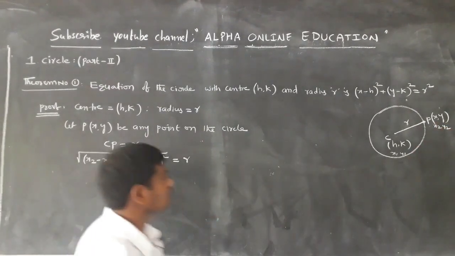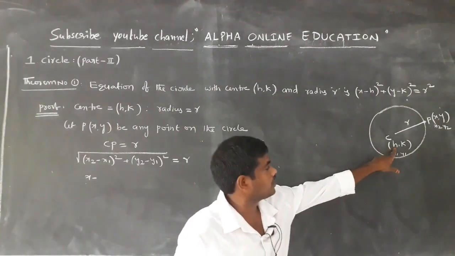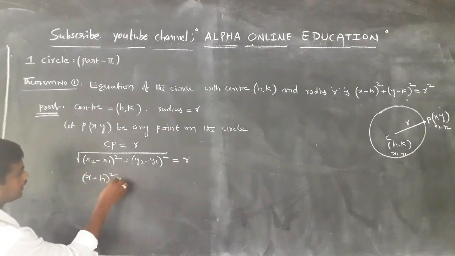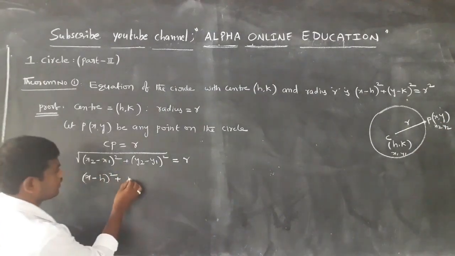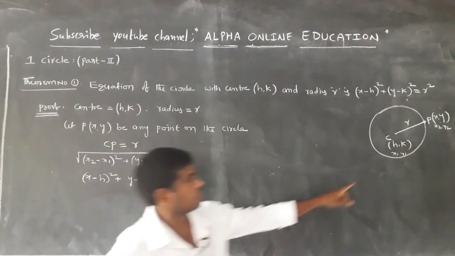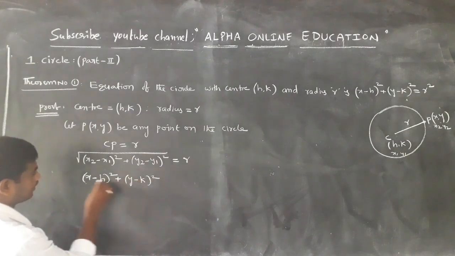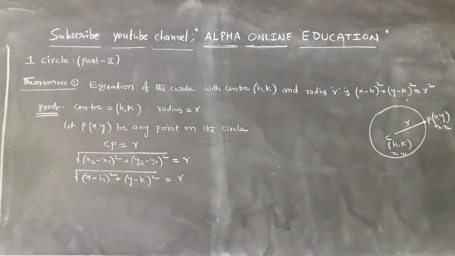Here x2 minus x1 is x minus h whole square plus y2 minus y1 is y minus k whole square, under root is equal to r.